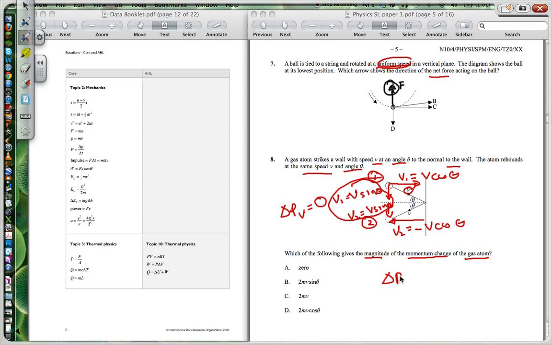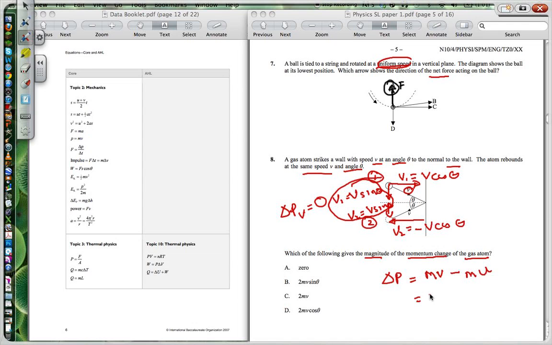So the change in momentum is equal to our final minus our initial. So we're going to get p final, which is mv final, minus our initial, so let's call this mu. We have that formula there.